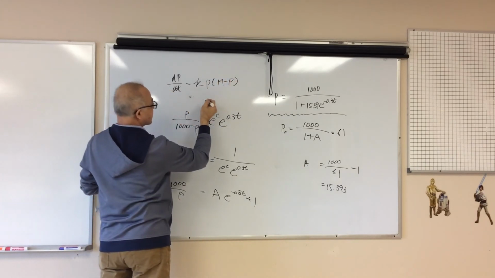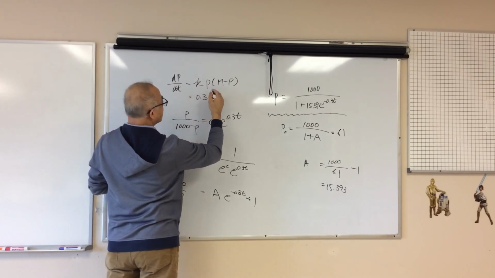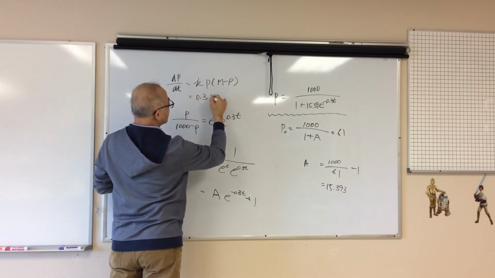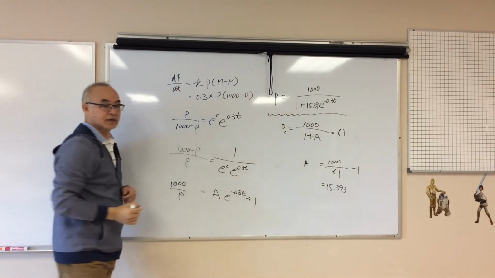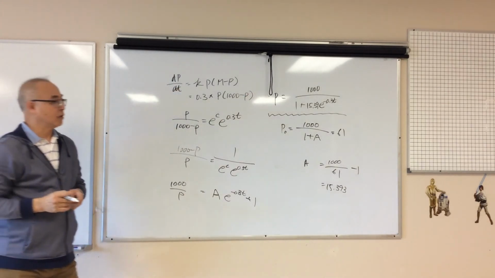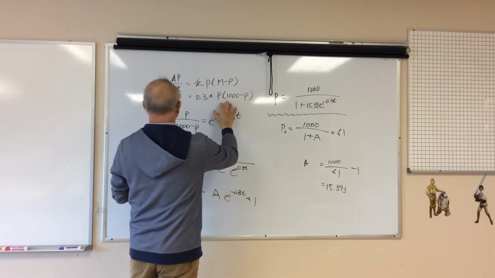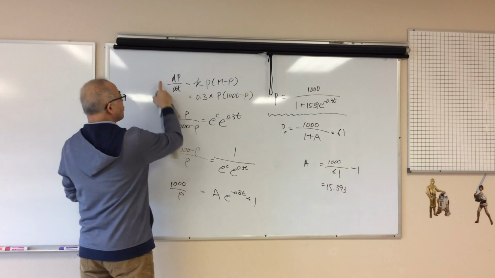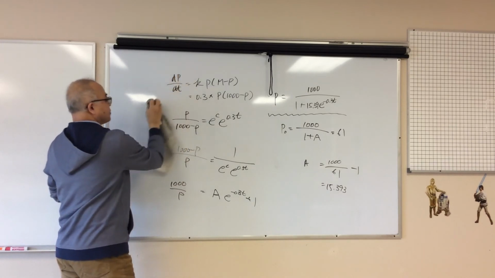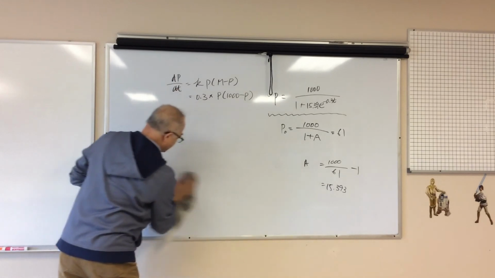So in this case, the k was 0.0003 and M was 1,000 minus P, correct? So when does this function grow the fastest? Because this is the growth rate, correct, by definition? dP/dt is the rate of growth, right?